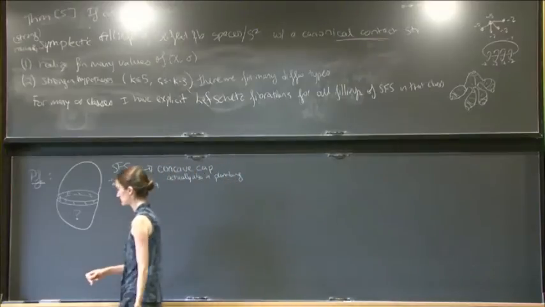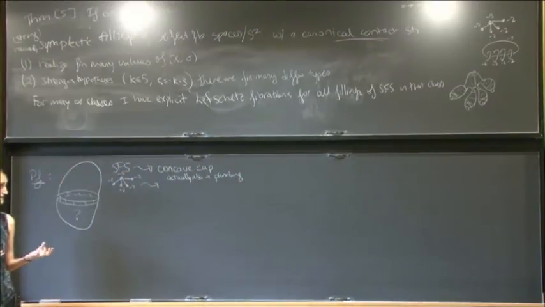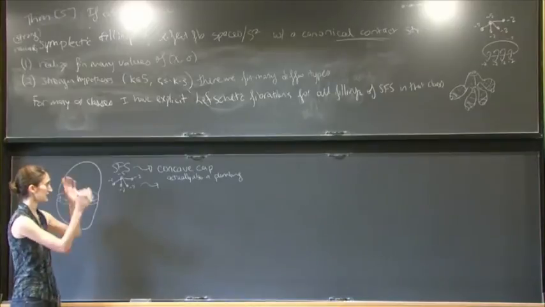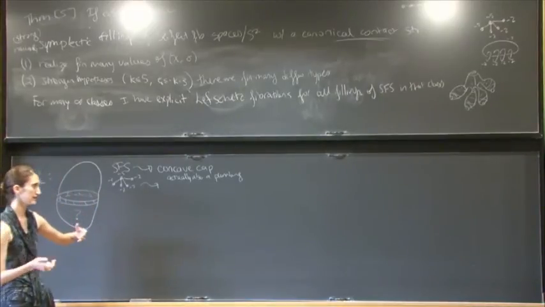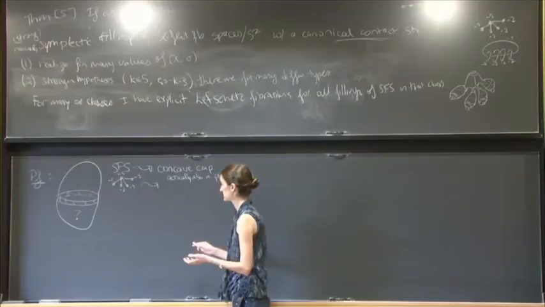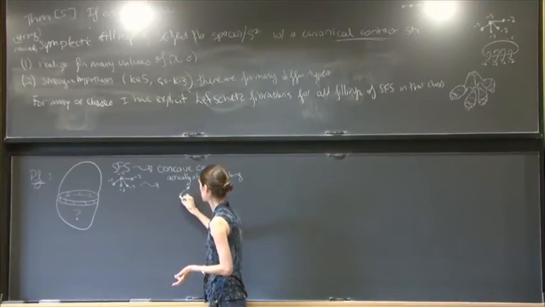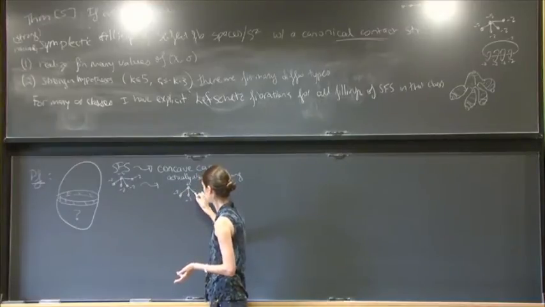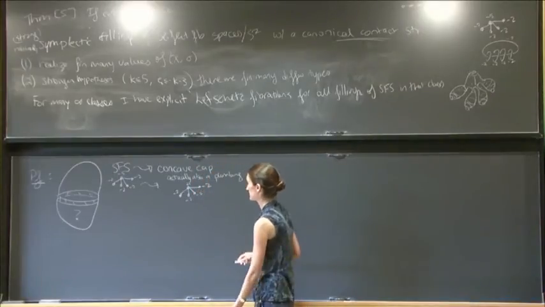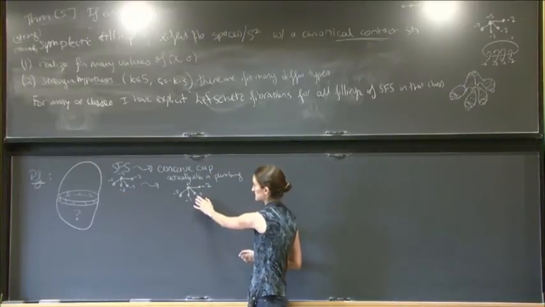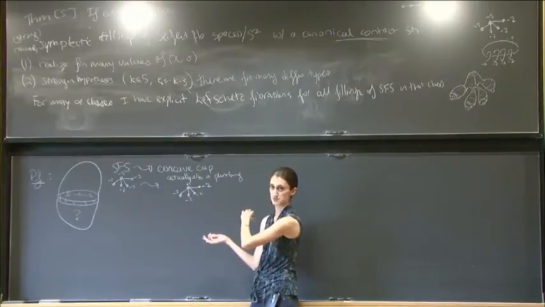So there's a nice construction of Stipsicz, Szabó and Wahl, which takes this negative definite graph and basically flips it over and renormalizes it so that you get a plumbing which has concave boundary. And so in this particular case, you do some construction and you find out that the boundary of this plumbing is the same as the boundary of this plumbing except with reversed orientation.